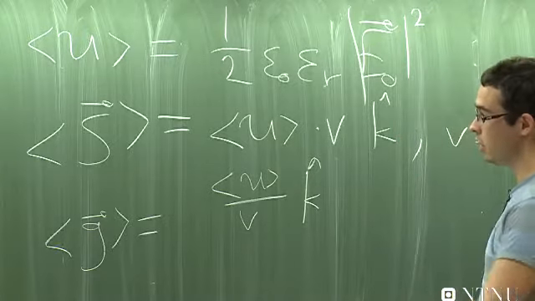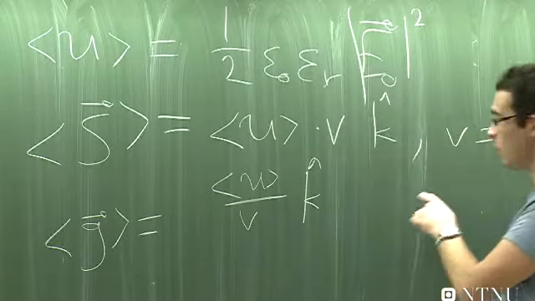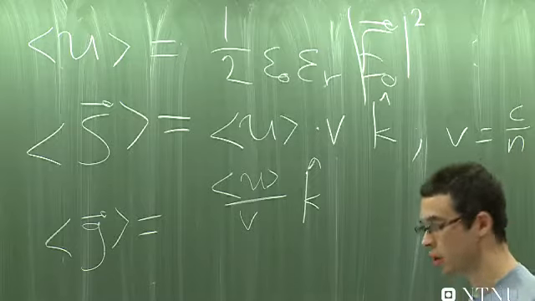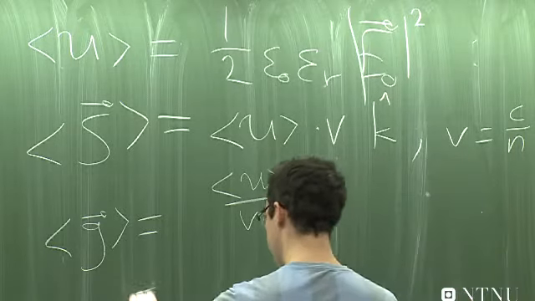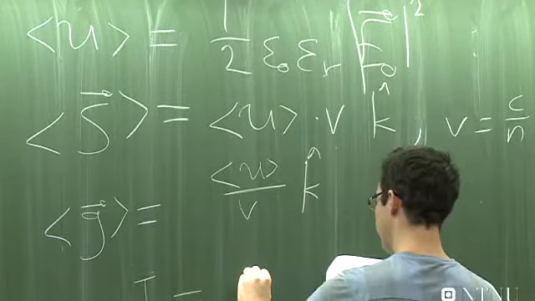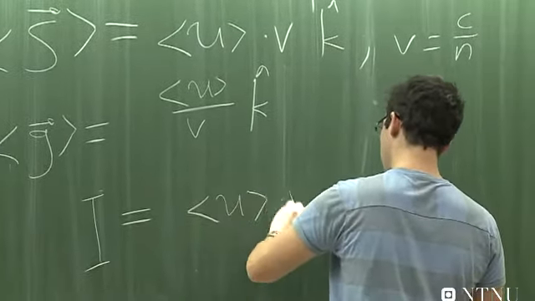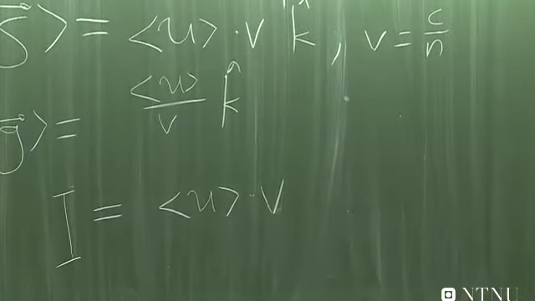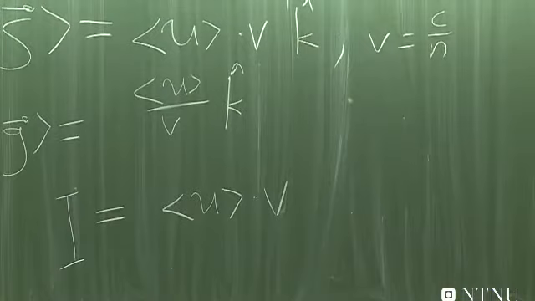Okay, and the intensity, that's just the absolute value of S, is in fact reduced a bit, because the velocity of the wave is also reduced.